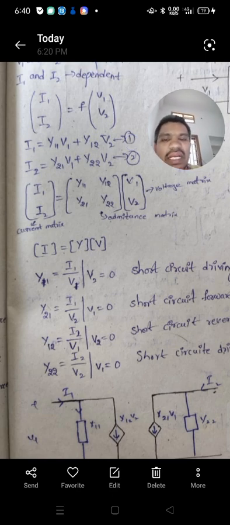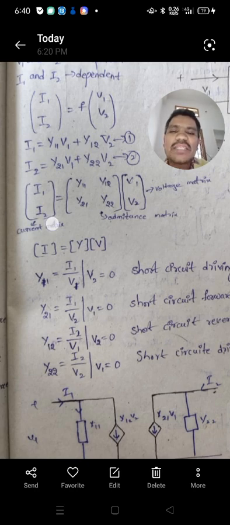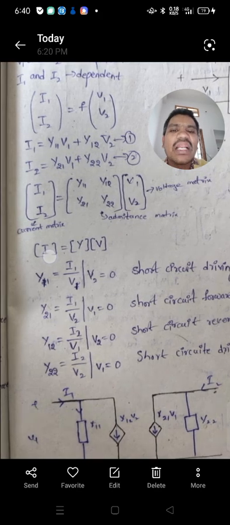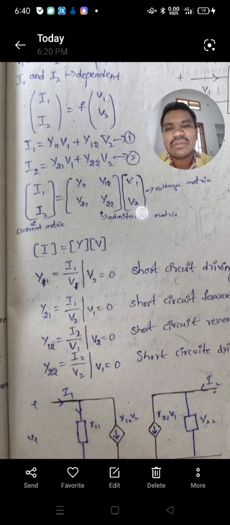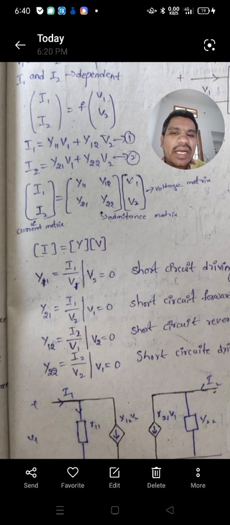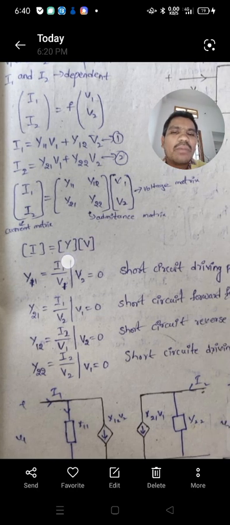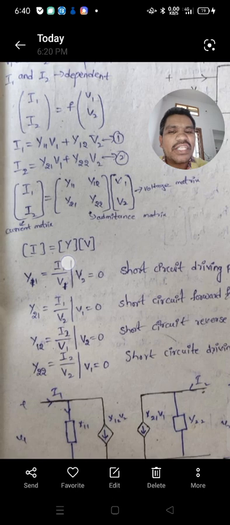In this matrix we have the current terms, so it is called the current matrix, represented with this symbol, and the 2 by 2 matrix is called the admittance matrix, and the V1 V2 matrix is called the voltage matrix. So we write: current matrix is equal to the product of admittance matrix into voltage matrix, that is I equals Y into V.